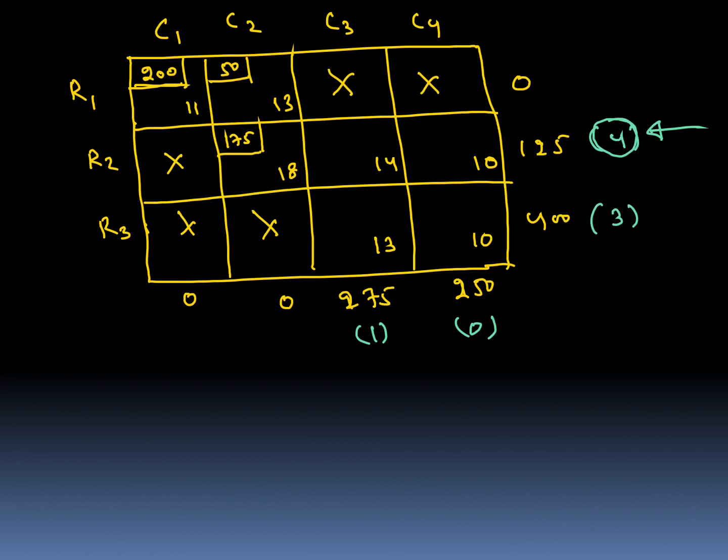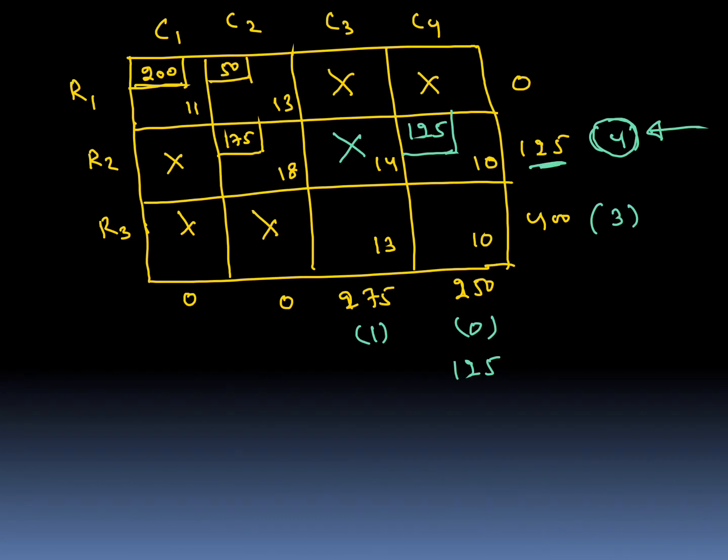So you can maximum allocate 125. You allocate 125 here. So for 14, 0 allocation left, so you can cross this one. Here for column 4, 250 minus 125, you will get 125 as the new demand, and supply here will become 0 for row 2.